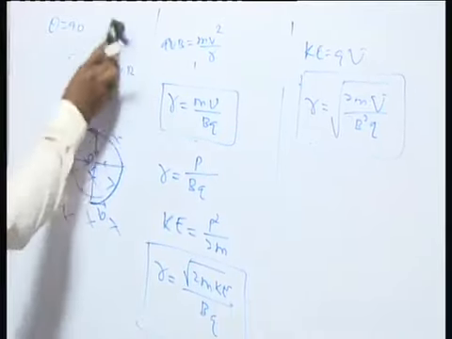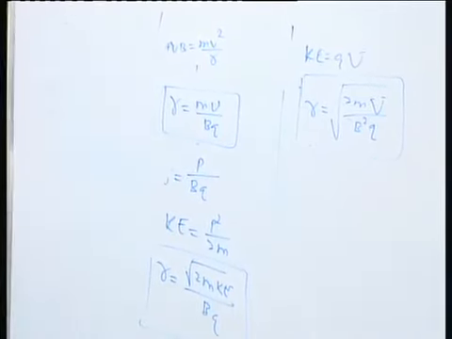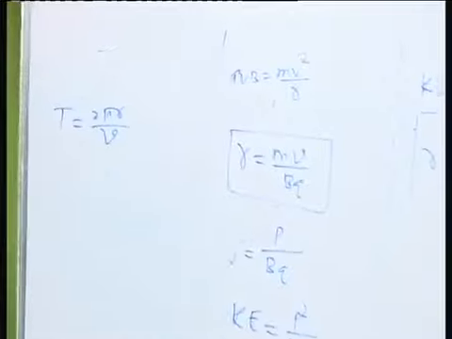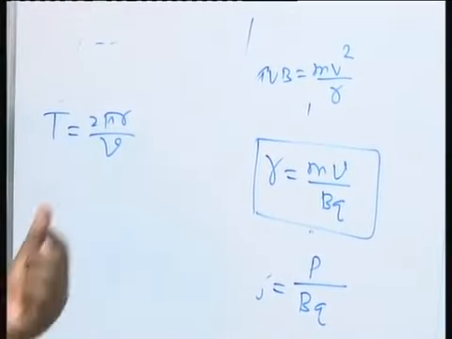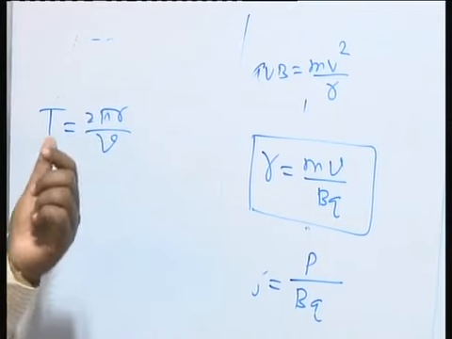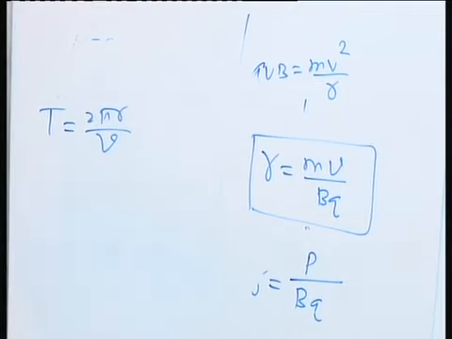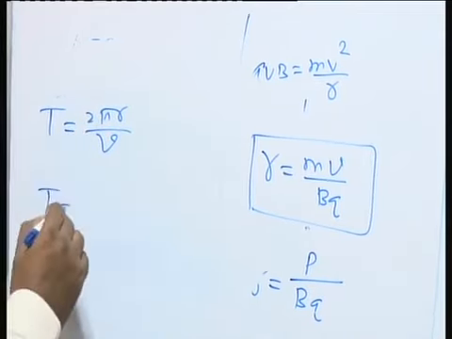And if you want to find the expression for time period, you can use T equals 2 pi r divided by V, because time period is the time taken to complete one revolution, that is distance divided by velocity, 2 pi r by V. Suppose you substitute the expression for radius, that is 2 pi by V into radius, mV divided by bq.